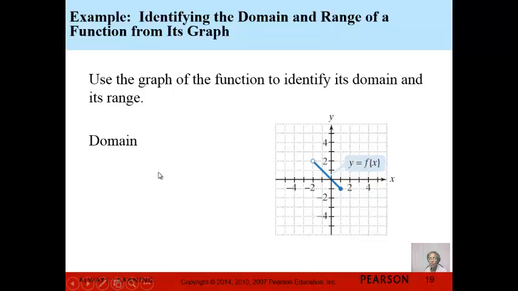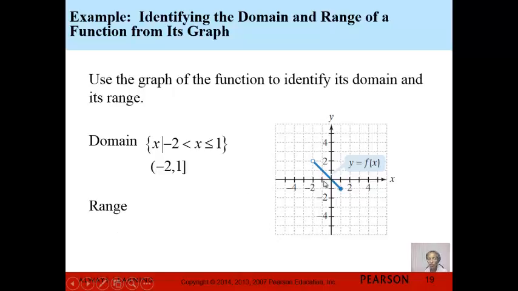So the domain is all x's bigger than negative 2, smaller than or equal to 1. And as an interval, I have a parenthesis beside the negative 2 because negative 2 is not in the domain. 1 is in the domain, so there's a bracket beside that. And all points between negative 2 and 1 are in the domain.